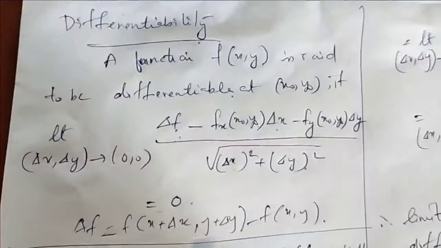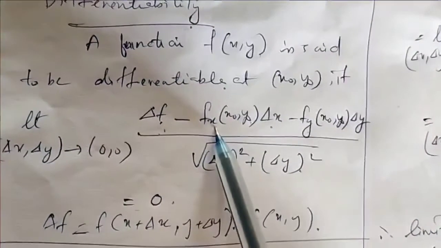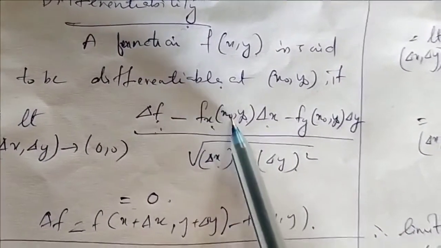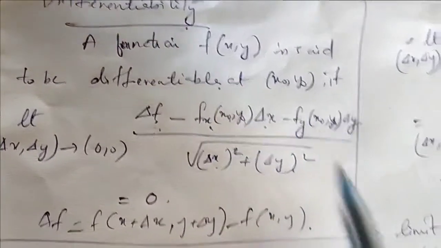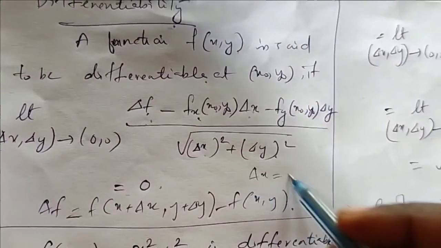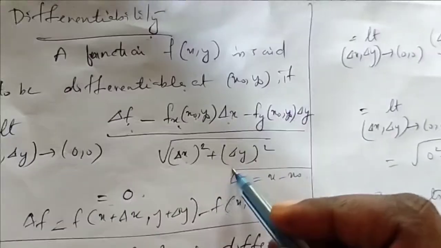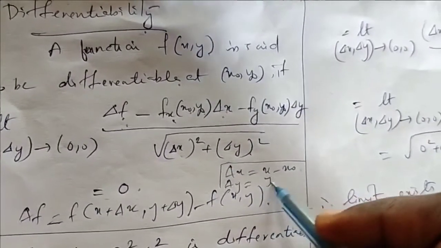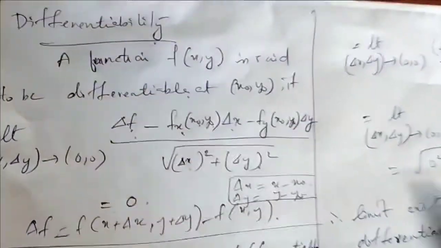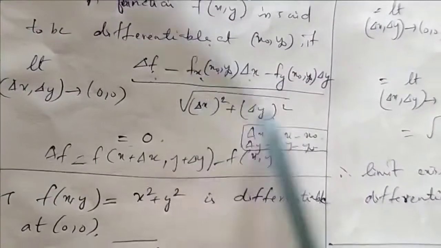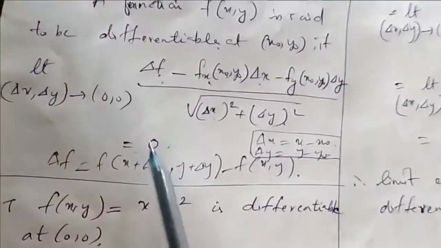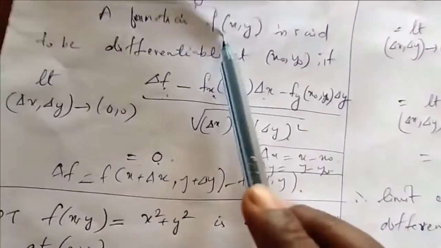So this is the change in f. fx is ∂f/∂x at this point, multiplied by Δx. Δx is x minus x₀. Δy is y minus y₀. If this limit exists and is equal to 0, then the function f(x, y) is said to be differentiable at (x₀, y₀).